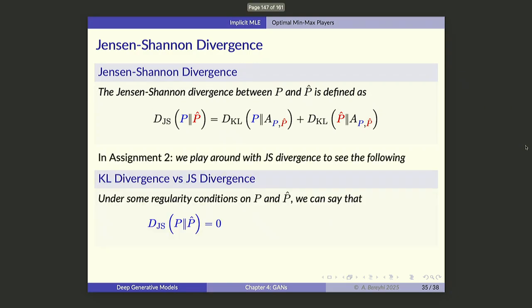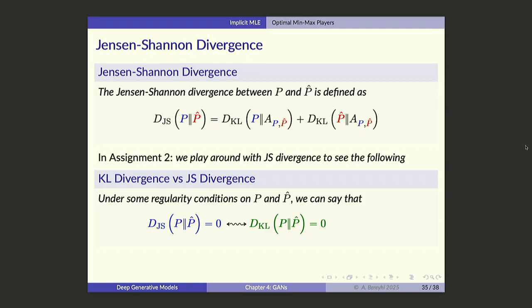But there is one key point which you are going to show in your assignment: if the Jensen-Shannon divergence is 0 between two distributions, and given that you assume those distributions are well defined, meaning they have non-zero values everywhere, which is not a big deal, then this is equivalent to saying that the KL divergence is 0. You can see it immediately here, right? If P and P hat are the same, KL is 0.